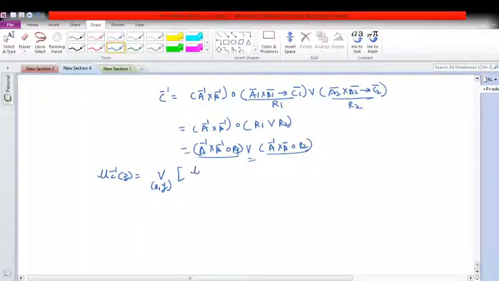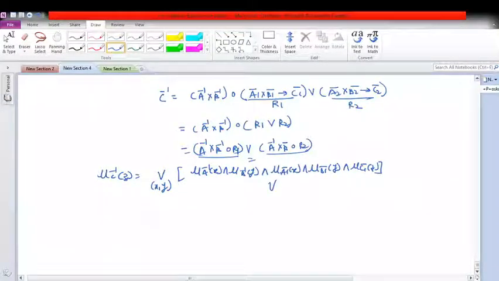So it will be mu A bar dash of x intersection with mu B bar dash of y. Then R1 is again the intersection of mu A1 bar, mu B1 bar and mu C1 bar. So I will directly write now mu A1 bar of x intersection with mu B1 bar of y intersection with mu C1 bar of z.